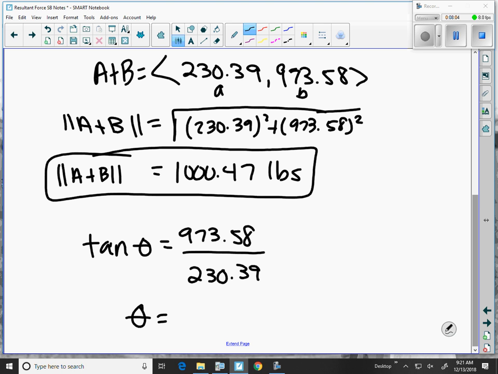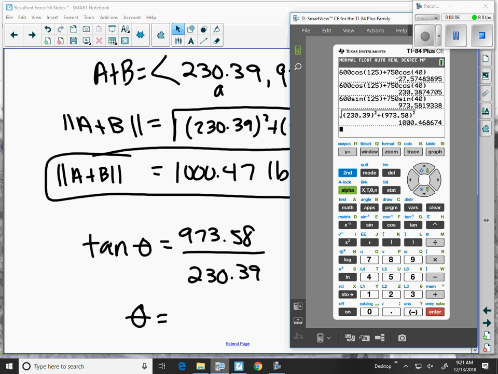Okay, right. So second tangent, and then I put in my fraction. Okay, 76.69. Now, if we needed to add something, we would add it right now, but we don't need to because we're in quadrant 1.